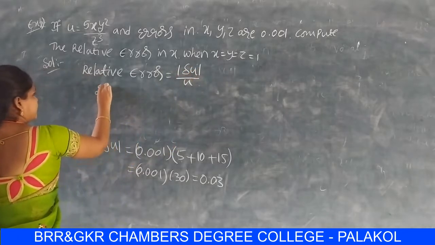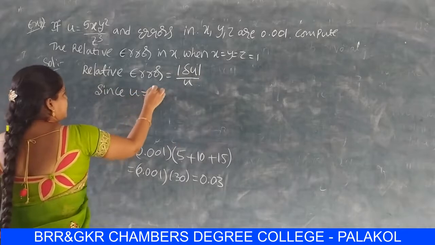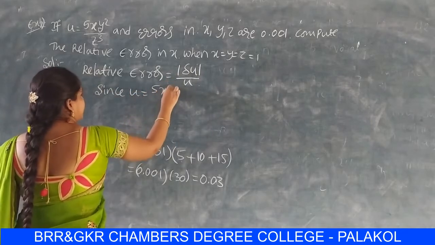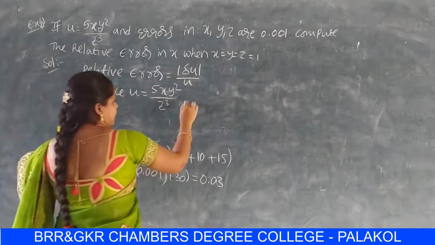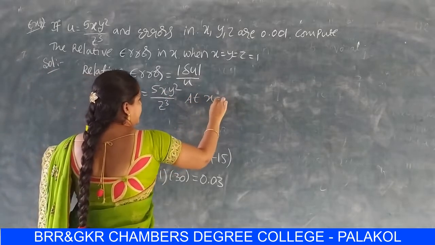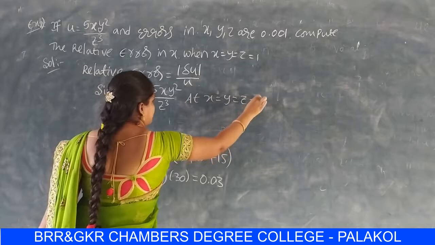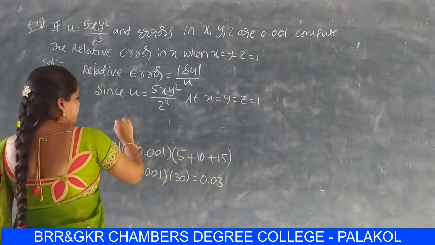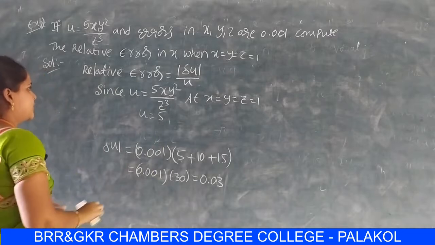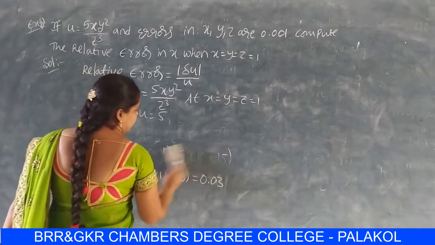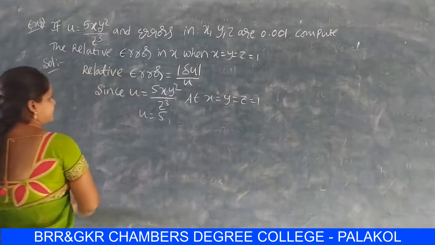Since u is equal to 5xy square by z cube, at x is equal to y is equal to z is equal to 1, this value is u is equal to 5. Substituting this u value in relative error.